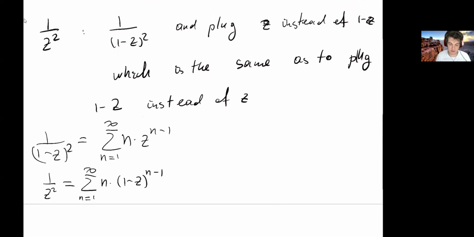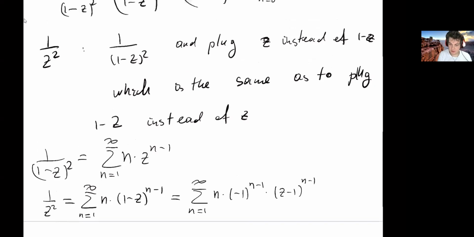Now, theoretically, this is not exactly the Laurent series, because in a Laurent series, we want to have z minus 1 instead of 1 minus z. So let's do it. And we'll get this. Now, I didn't grade the homework yet, but I won't take any points off for these little things, okay?